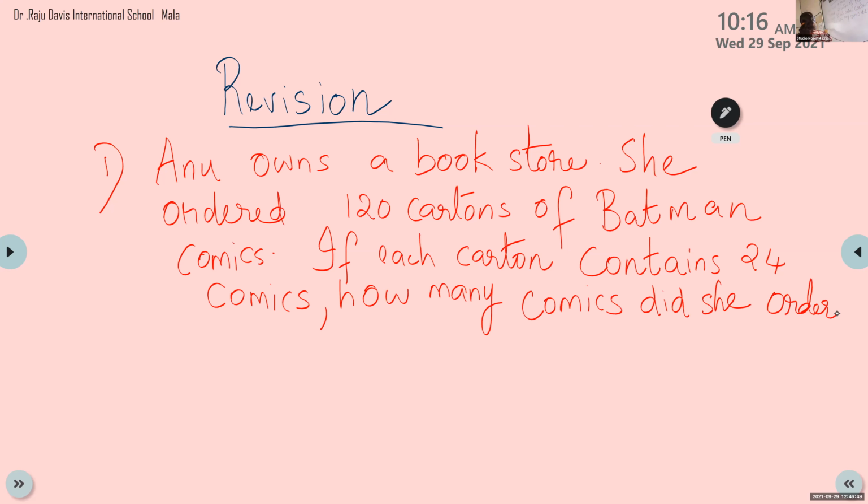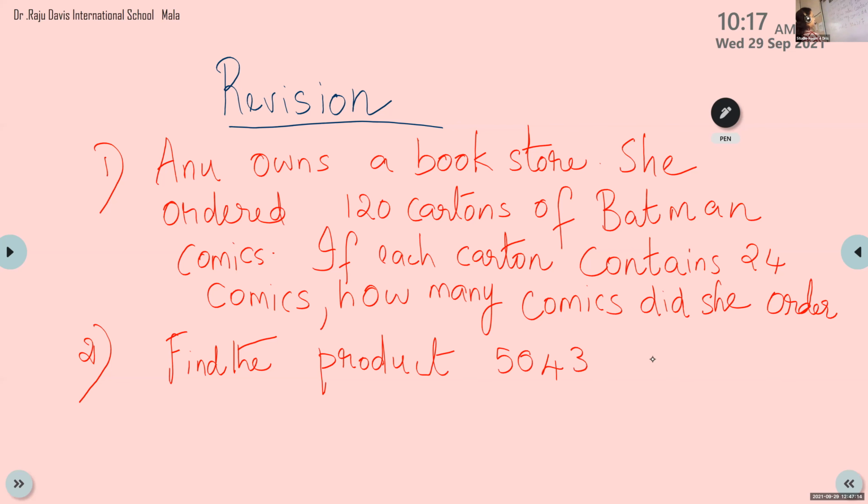Question number 2. Find the product. Multiply 5043 into 7.